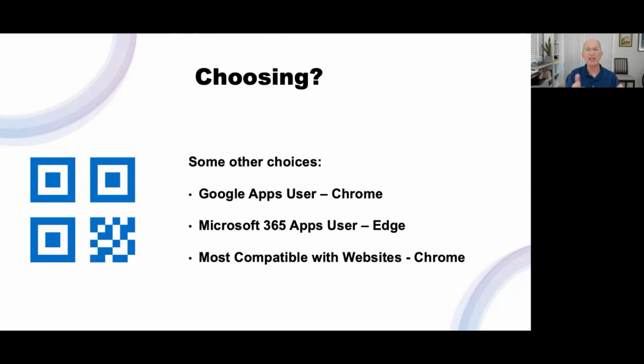So some websites will tell you, we recommend you use Chrome for using our website. So even if you've got a Mac and you've got Safari, you might be scratching your head and say, I guess I've got to use Chrome on this website. So Chrome is something that probably ought to be there, for most people, just because it's more compatible with websites.